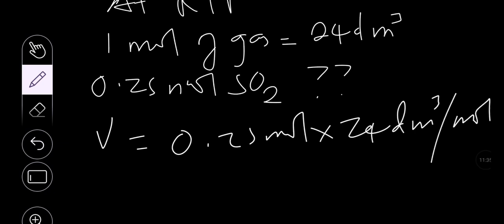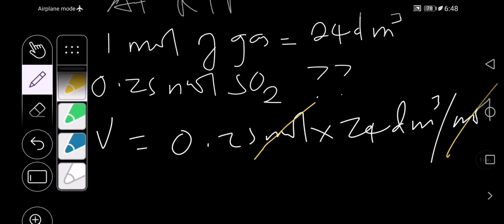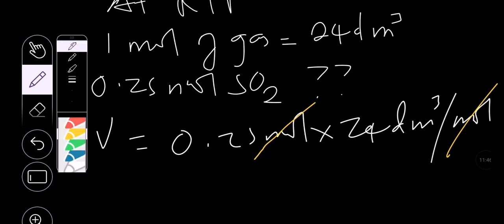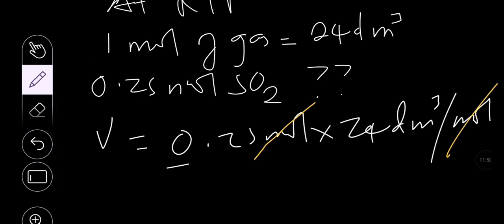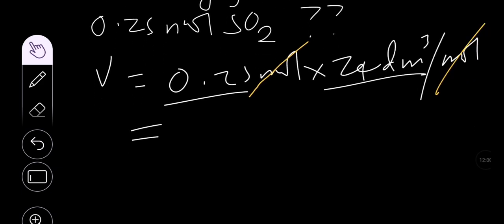So this mole is going to cancel with this mole, right? We're going to multiply these two numbers, the 0.25 and 24 cubic decimeter.